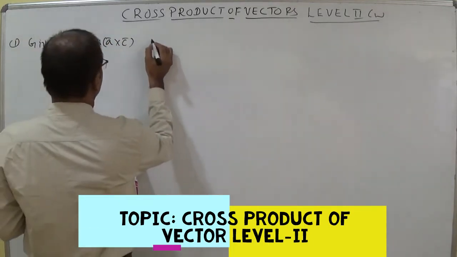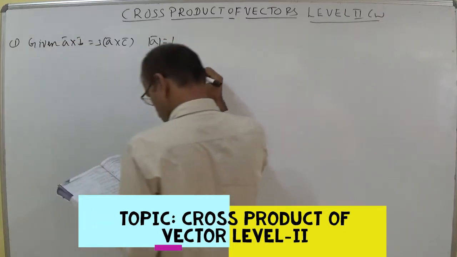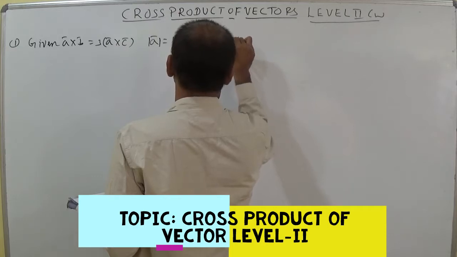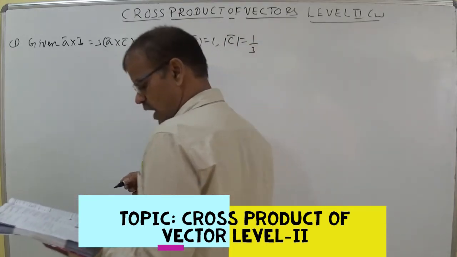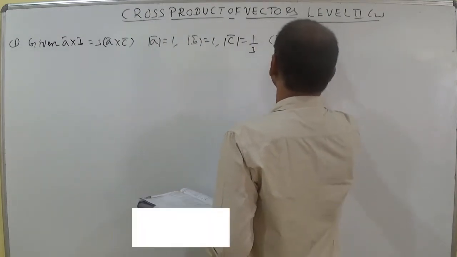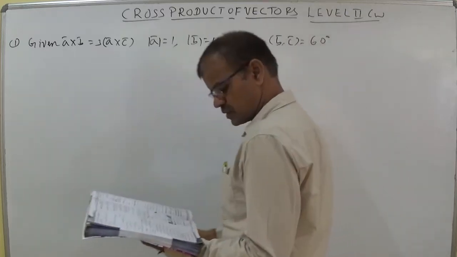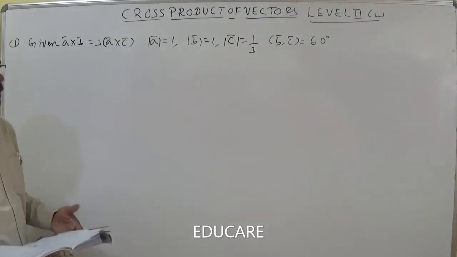Also given: modulus of A bar is equal to 1, so it is a unit vector, modulus of B bar is equal to 1, and modulus of C bar is equal to 1 by 3. The angle between B bar and C bar is also given, equal to 60 degrees. Then we should calculate according to the options.